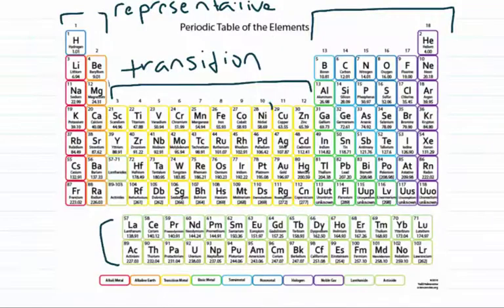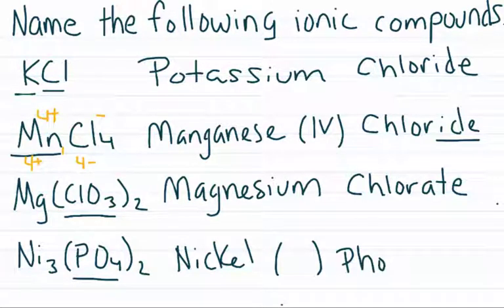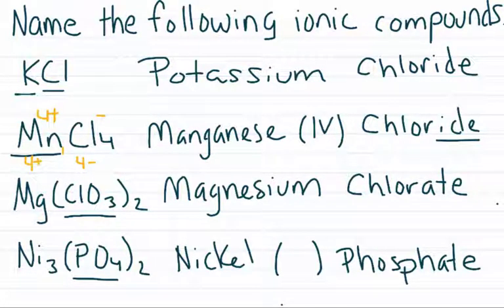We find nickel here in group 10, which makes it a transition metal, which means we'll have to indicate its charge. But first, let's determine which polyatomic ion that is. It's phosphate. Again, these you will have to memorize or extrapolate or be able to look up on your chart.